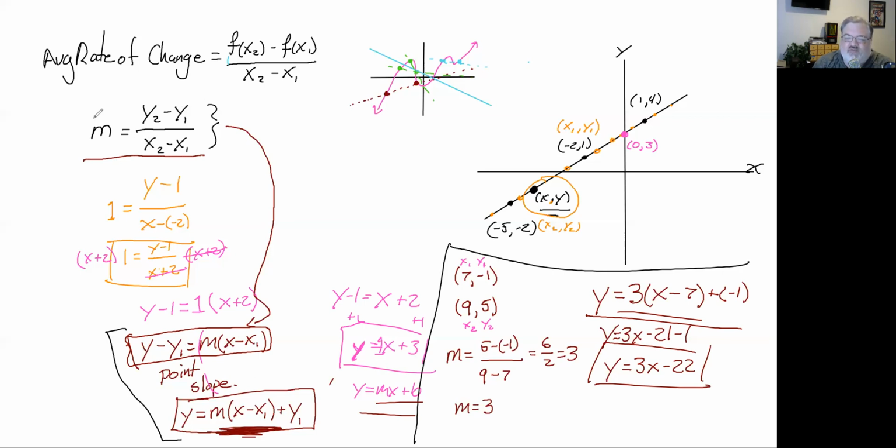This point slope form is just this slope formula with that x2 minus x1 multiplied over. That is foundationally your point slope form. We just make that second xy pair an abstract xy, and boom, we have point slope form.